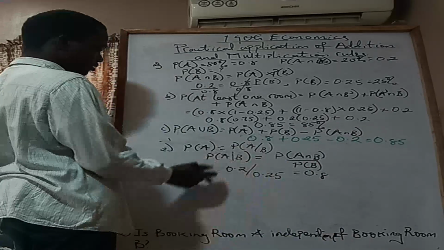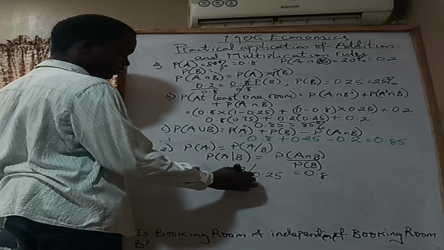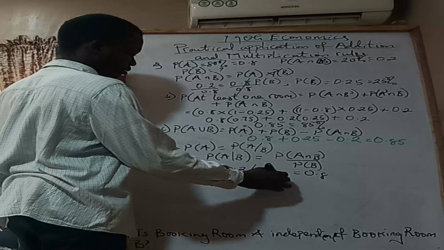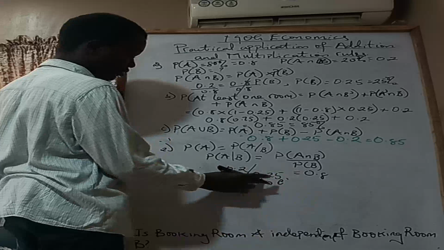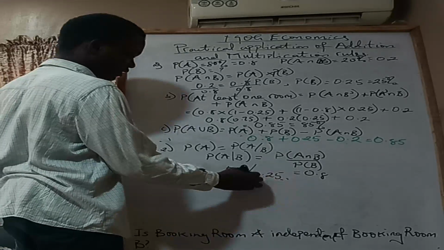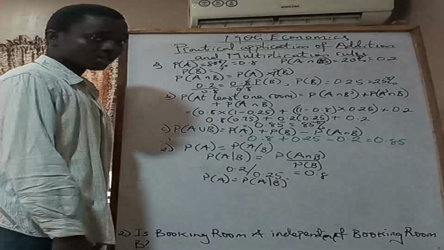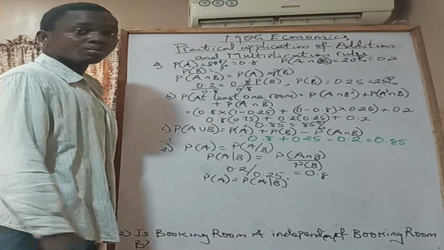So definitely you see that the probability of A is equal to the probability of event A happening, given that event B has happened. It doesn't really matter if event B has happened, the probability of event A is unperturbed.